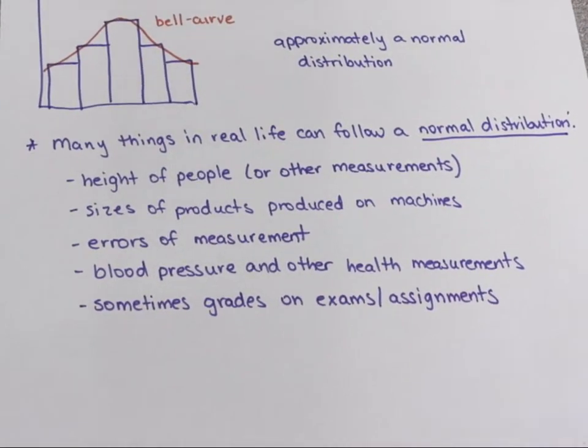There aren't very many teachers that do this anymore, but there are some teachers that grade on a bell curve, okay? In other words, they come up with what they think the most common grade is, and that becomes the average, okay? And then the further you go out from that average, the less and less likely it is.